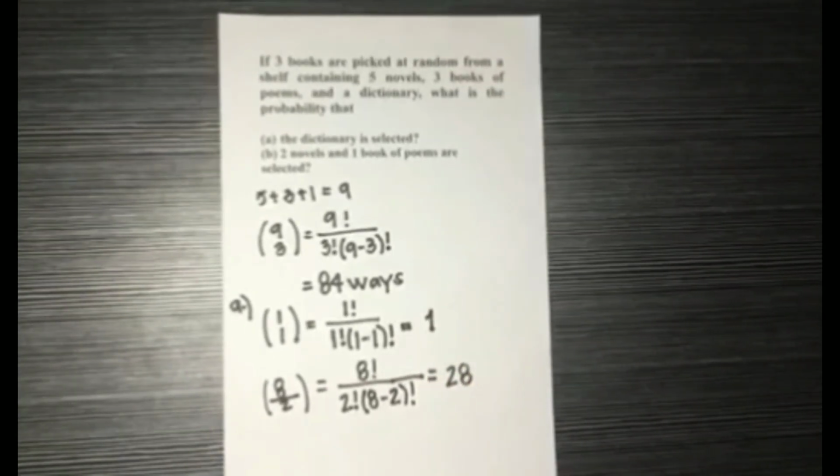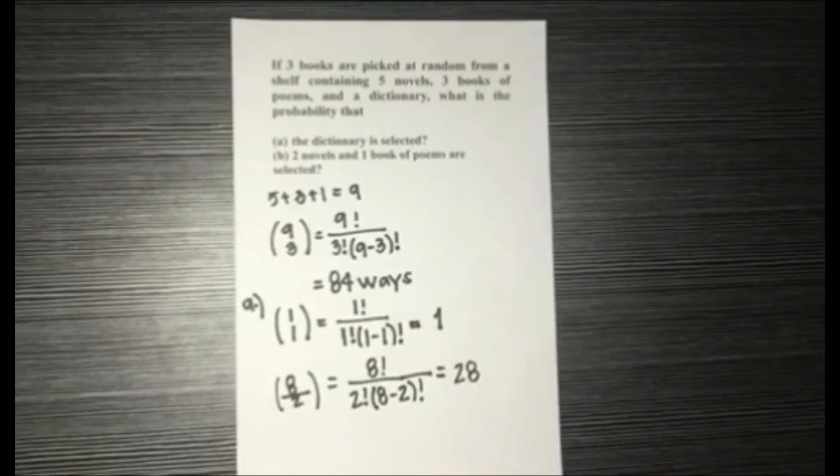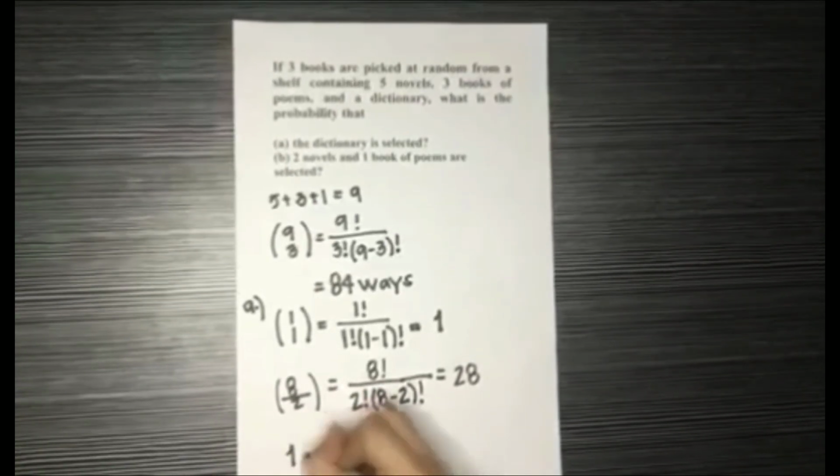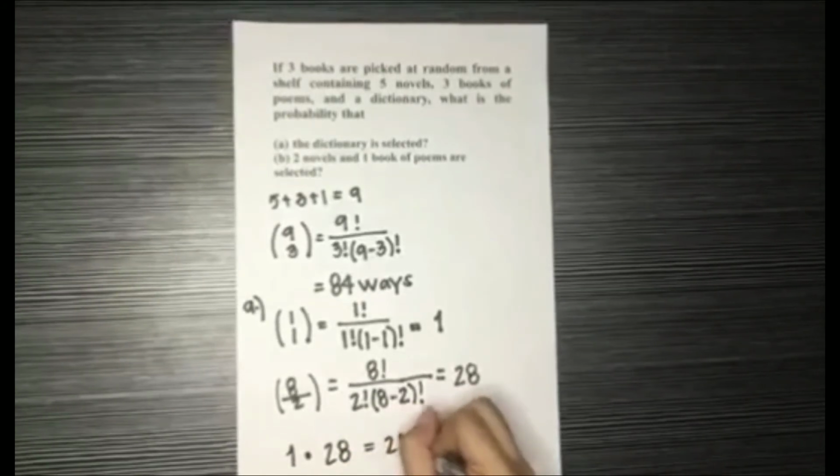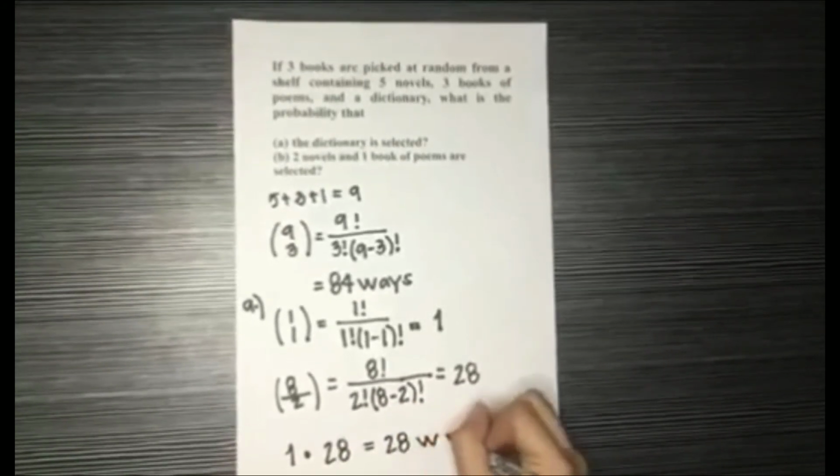If the first operation can be performed in 1 way, and for each of these ways the second operation can be performed in 28 ways, then these 2 operations can be performed together in 1 times 28, which is 28 ways.